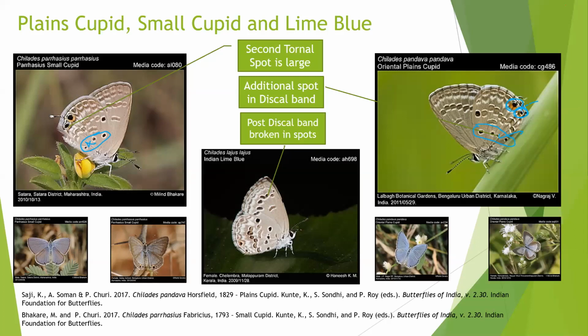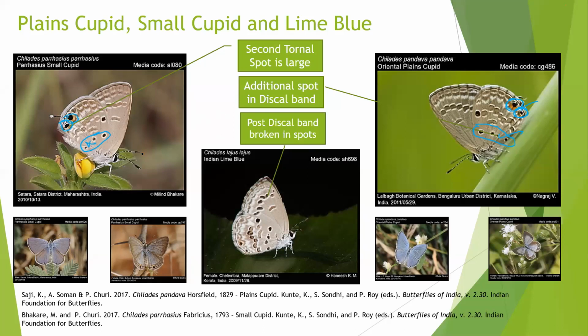The tonal spot at the base of the wing is very much reduced, but which is not the case with small Cupid. Both the spots are uniform and big. That's how, when you miss the spot in the discal area of the hind wing, this 4th spot, then you look at the tonal spot. In case of plains Cupid, the last spot is reduced near the base, and in case of small Cupid, they are same in size.